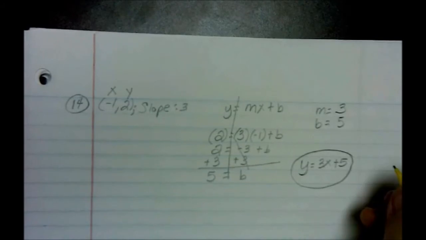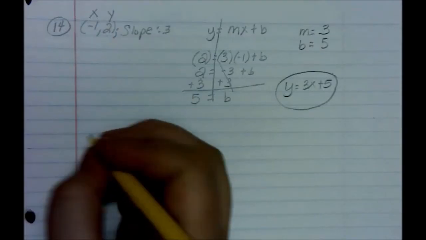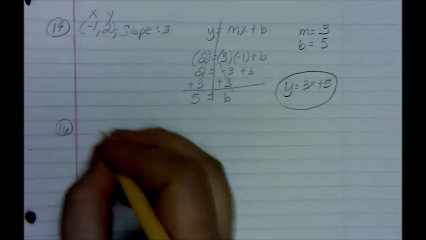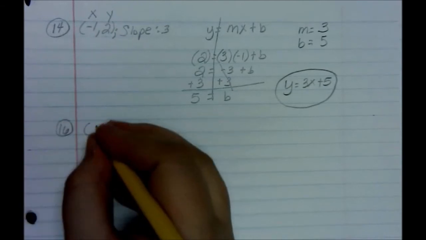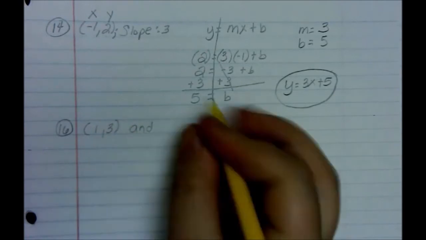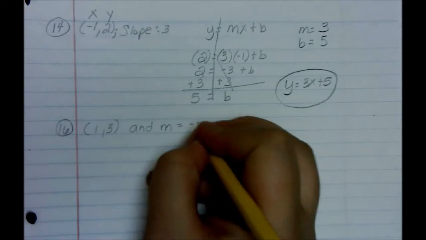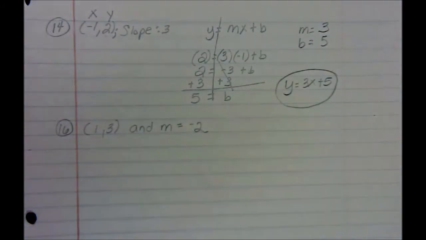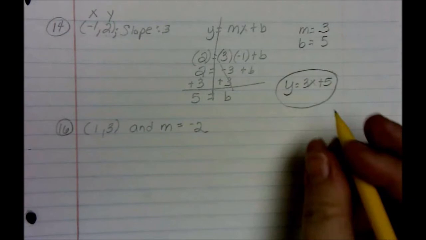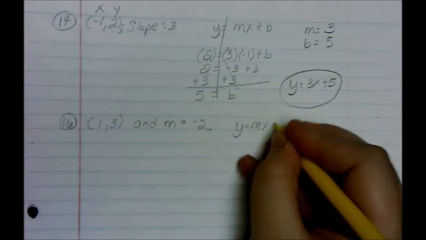So on number 16, they give us the point (1, 3), and we have a slope of -2. So they're asking us to write the equation of the line. So the first thing we're going to write is y equals mx plus b.